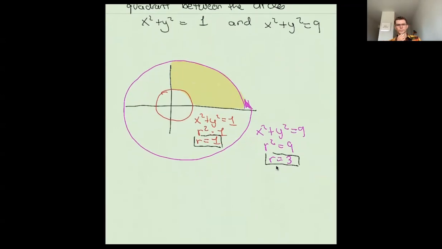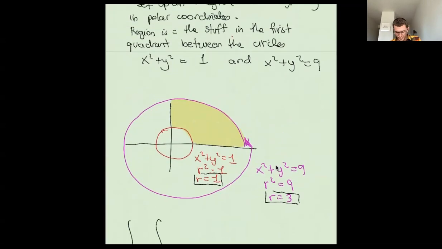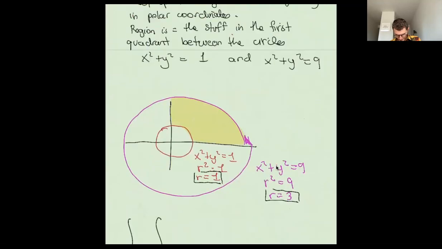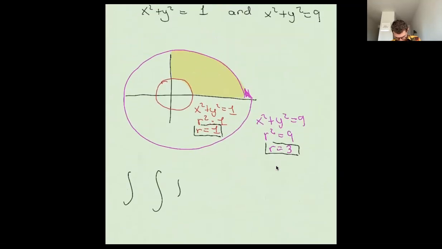And so if you wanted to write the integral in polar coordinates for this thing, what I told you to do is draw radial arrows. Imagine that you have a laser, and you start pointing from the origin to this region.